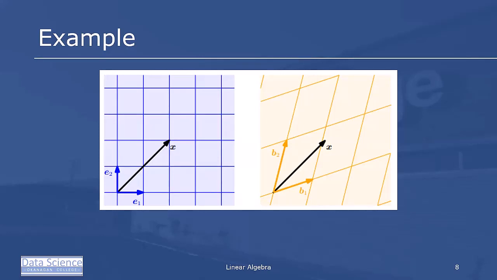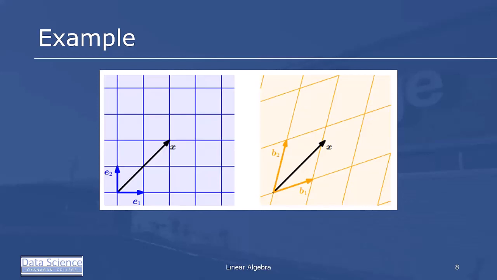However, any basis of R2 defines a valid coordinate system, and the same vector x from before may have a different coordinate representation in a different basis. In the figure here on the left, we see a vector x in the standard canonical basis with basis vectors E1 and E2.